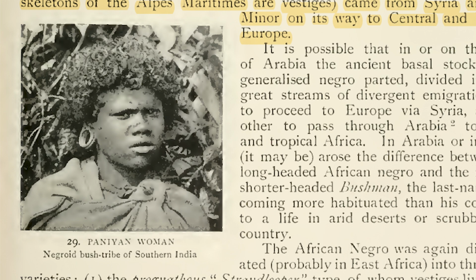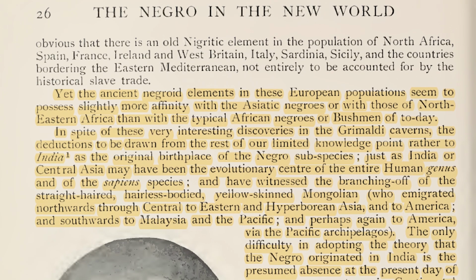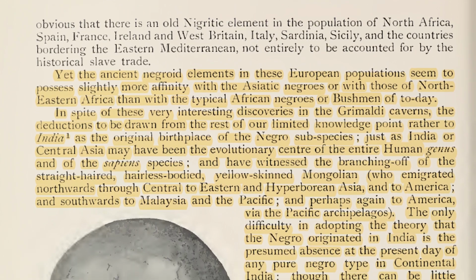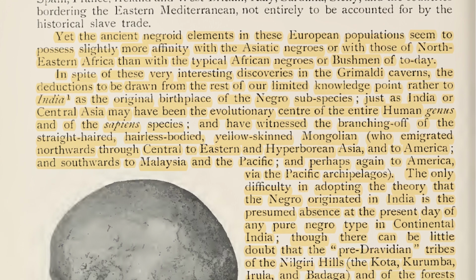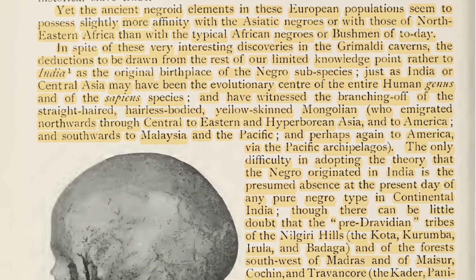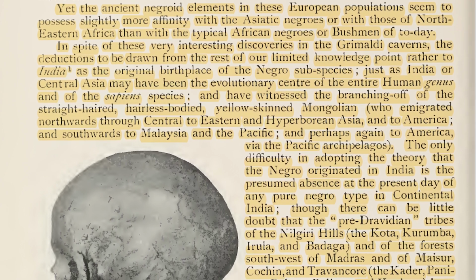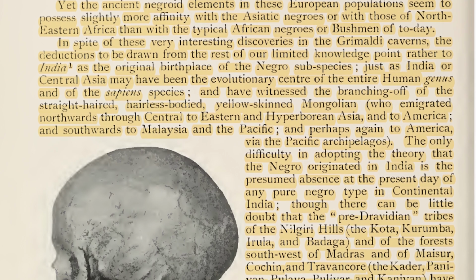So let's jump over to page 26. It's funny, man, because not only do we have the admittance or proof that there were ancient Negroid elements in Europe, but then it says the Asiatic Negroes, or those of northeastern Africa.